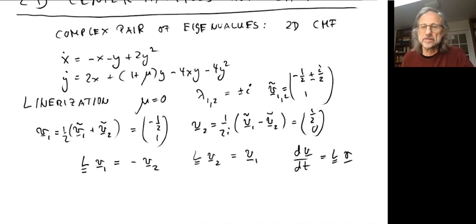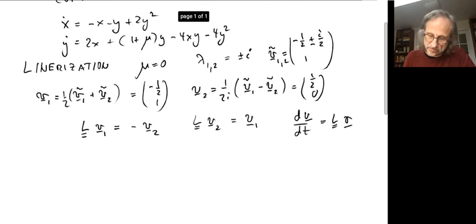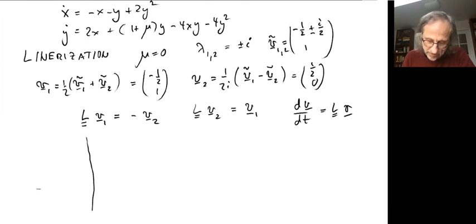That's the center eigenspace. Now, maybe I should draw the picture once more that we have in mind, just now in higher dimensions. So we have our system x, y.